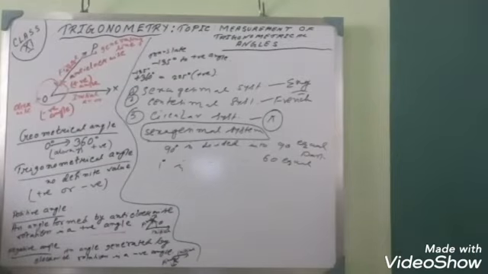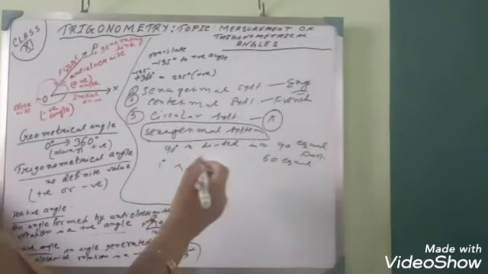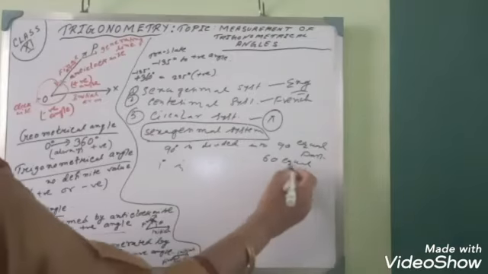Again, 1 degree is divided into 60 equal parts and each part is called 1 minute.